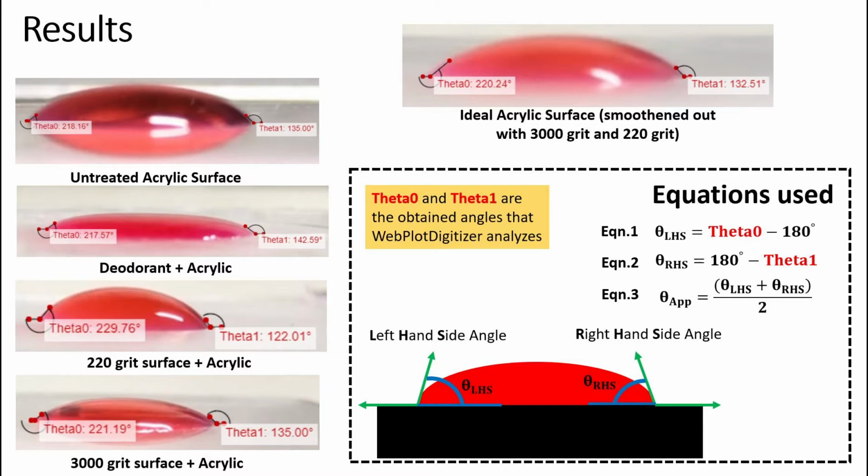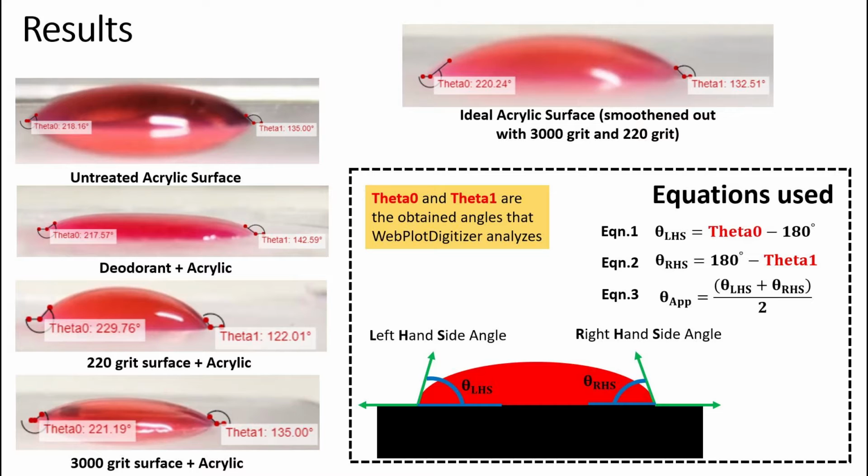And I also used these equations to obtain the apparent contact angle, or I should say, the averaged apparent contact angle. From using the WebPlot Digitizer, it gave me the theta 0 and theta 1 values, and what we're trying to find is the apparent contact angle for both sides.